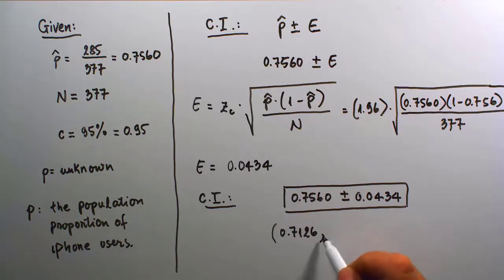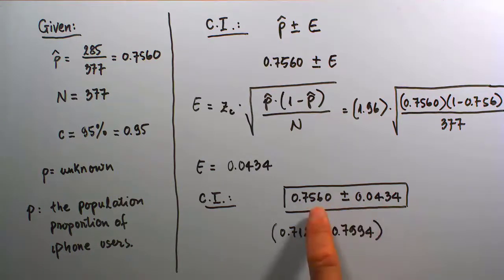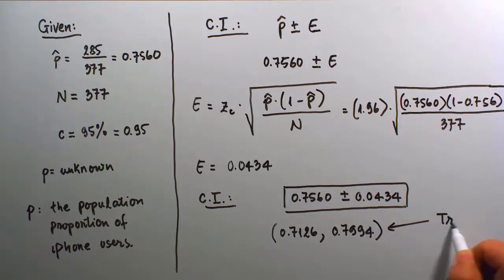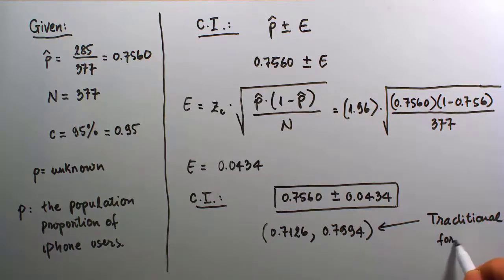And the high end of this interval is 0.7994, where this value came from adding this margin of error to the sample value in the middle. So once again, I call this the traditional format of the interval.